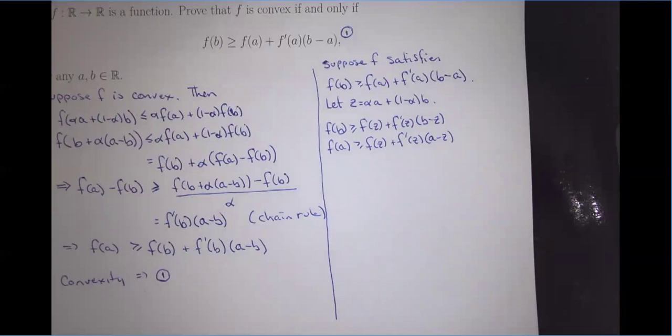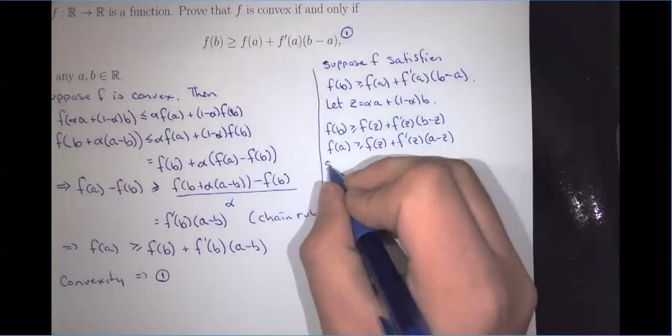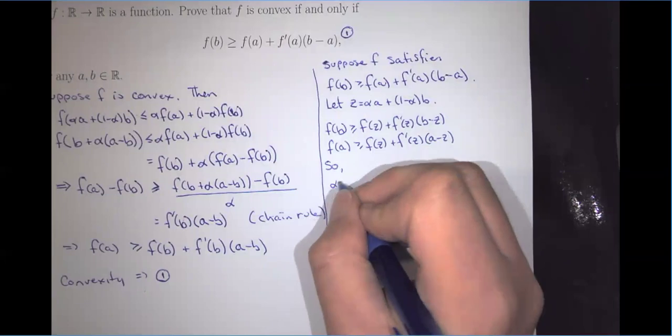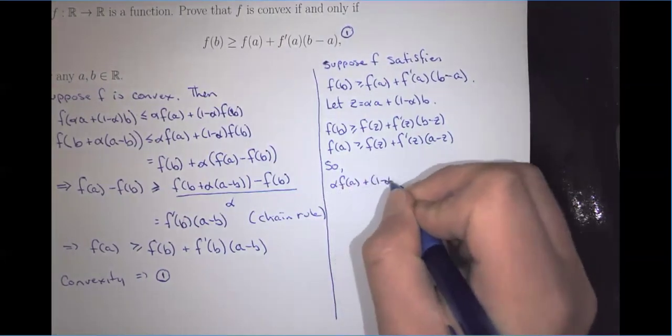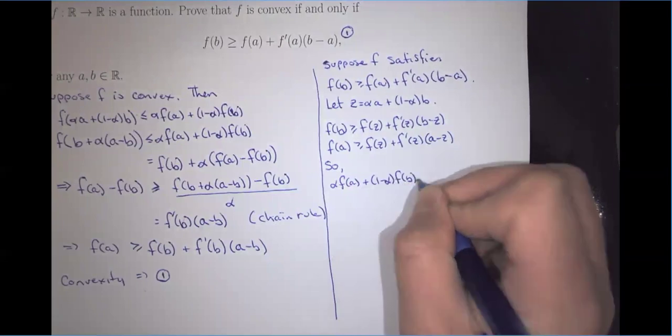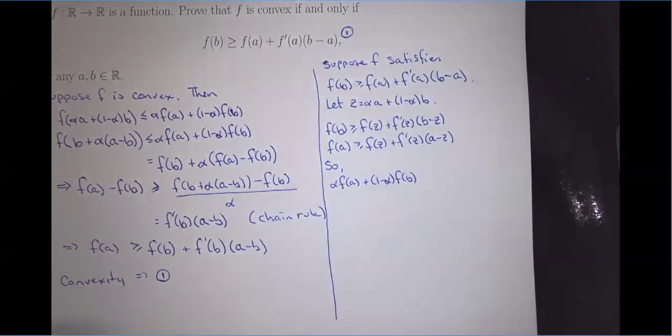Then if we look at a convex combination of f of a and f of b, so alpha f of a plus 1 minus alpha f of b, we need to show that it's greater or equal to f of alpha a plus 1 minus alpha b.